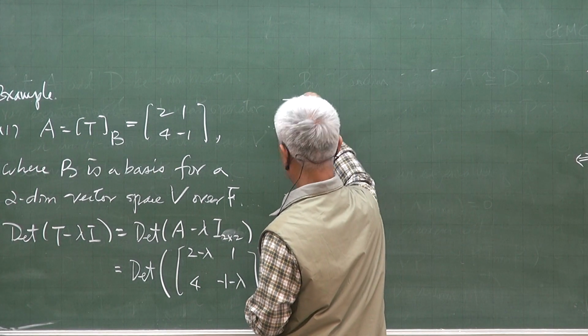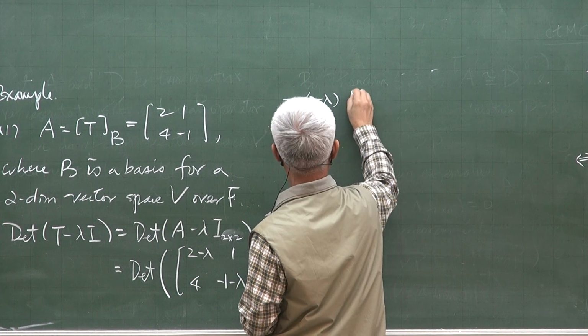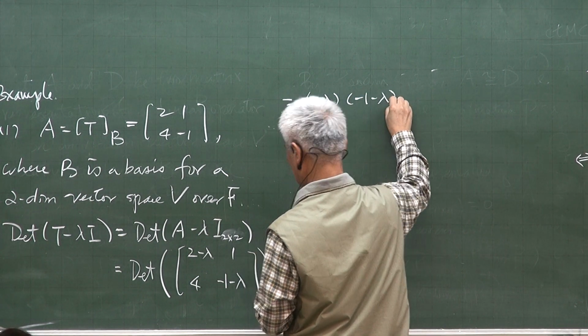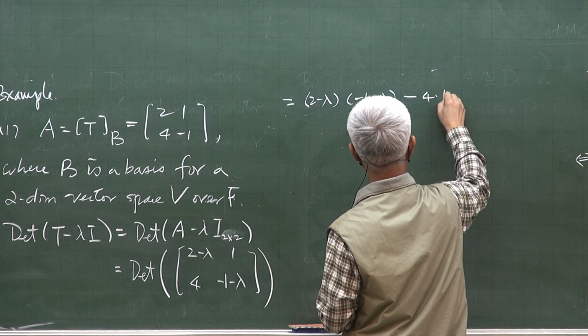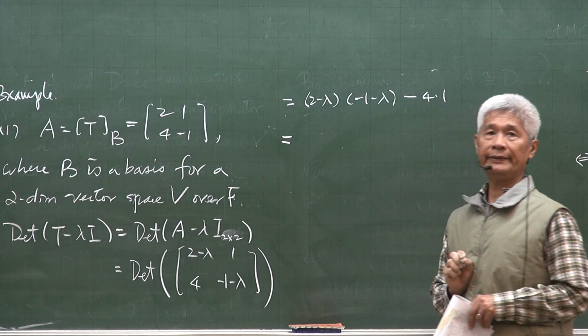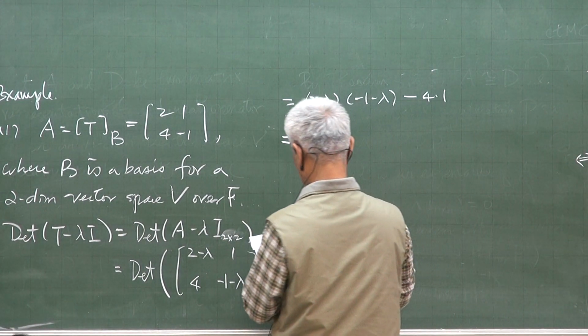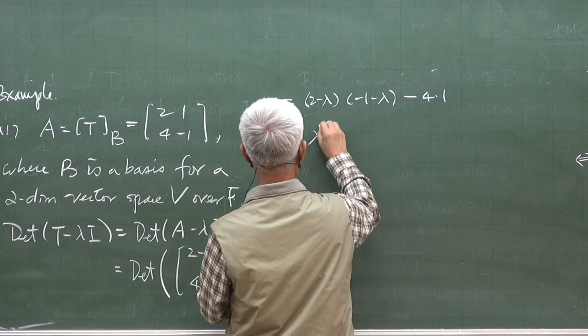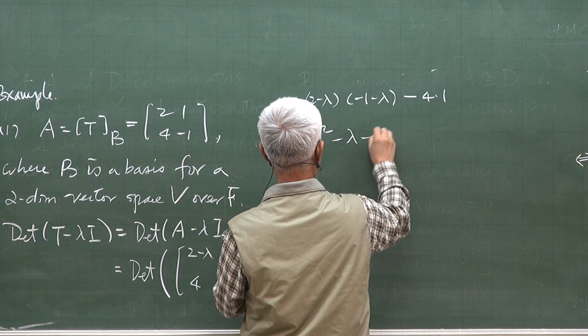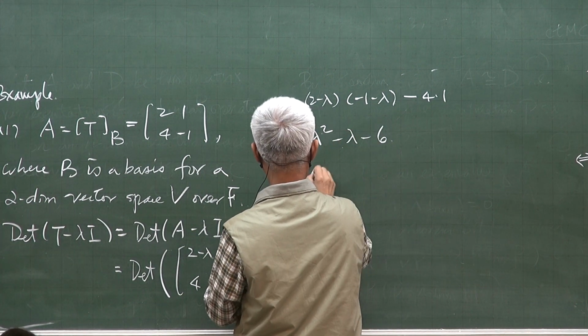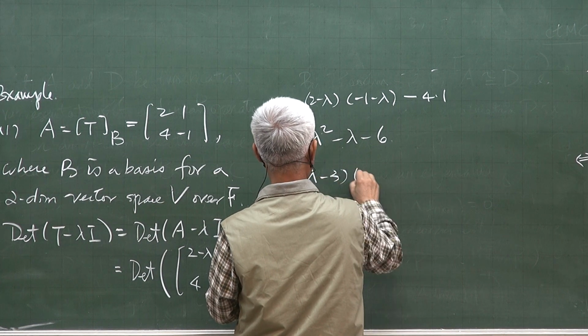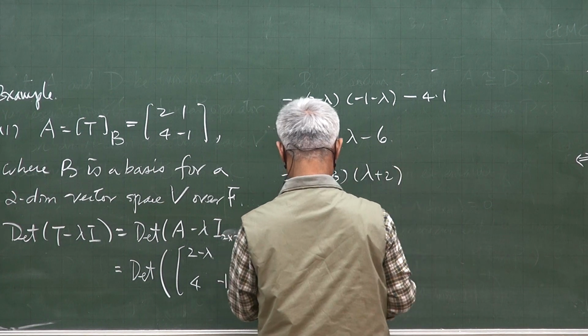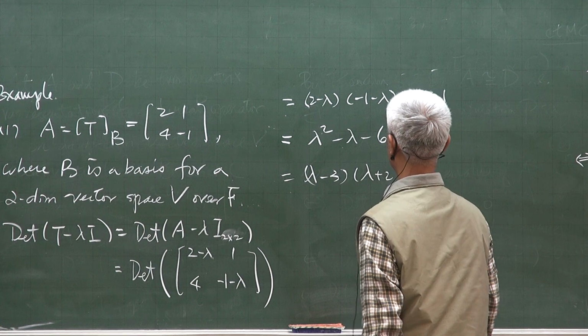So this is 2 minus lambda times minus 1 minus lambda, minus 4 times 1. Right, so this is lambda squared minus lambda minus 6, which is lambda minus 3 times lambda plus 2.